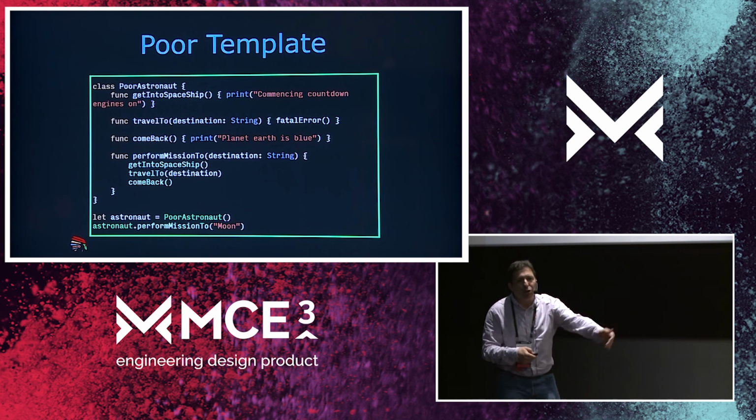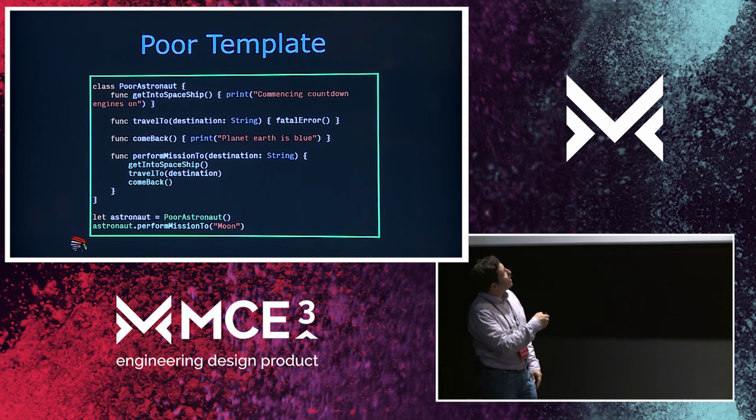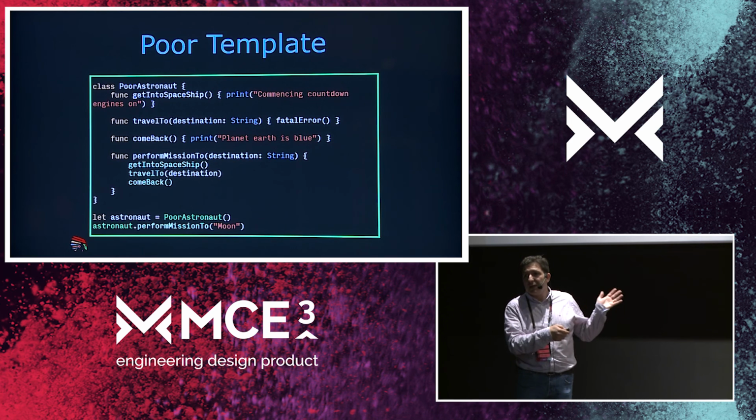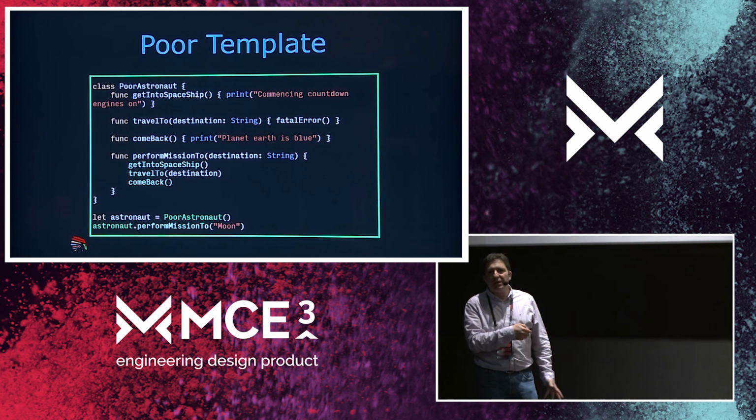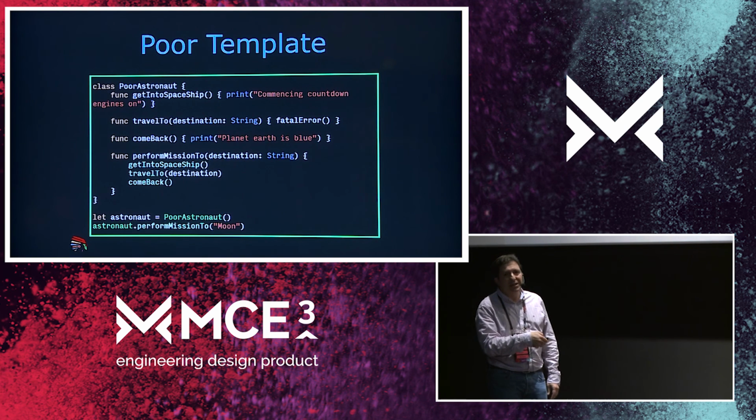But since I'm going to change this mission every time, travel to destination will provide a fatal error because I don't know what is going to be in the implementation. That is completely wrong, because whenever I create an instance of the astronaut, it will crash at runtime. And I don't want that.